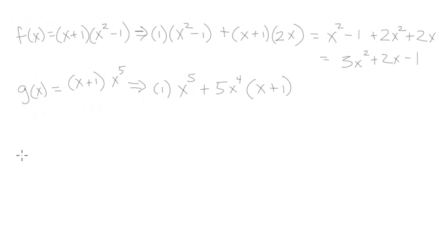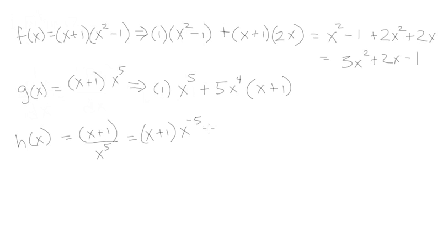Now, I want you to notice that if I had a negative power here, I could use the same rule. So let's say that I have h of x. If I instead had x plus 1 divided by x to the fifth, I can rewrite that to be x plus 1 times x to the negative fifth. If I want to take its derivative, I can use the product rule here.